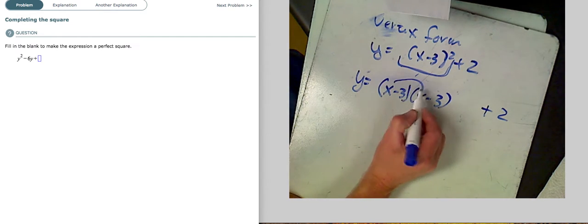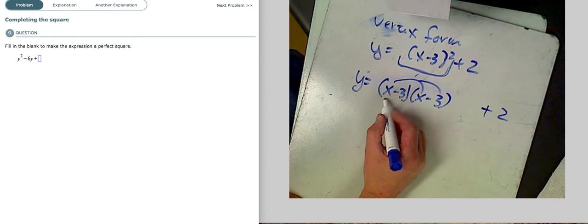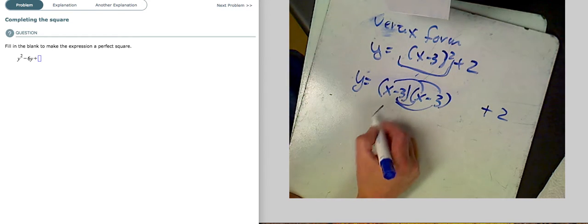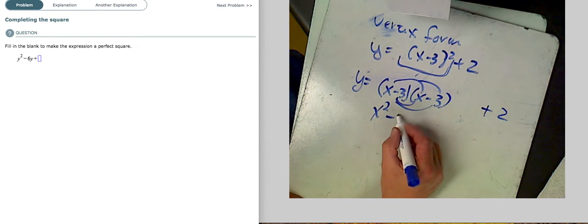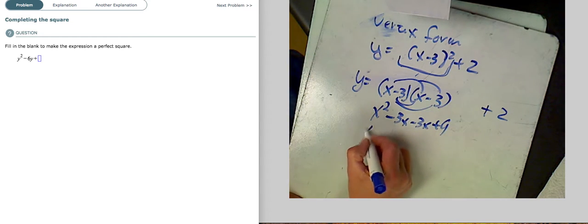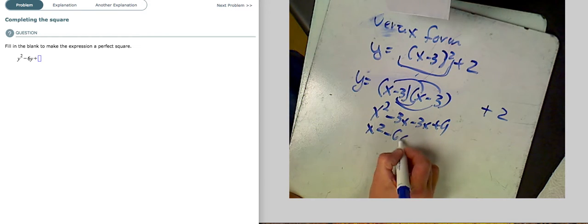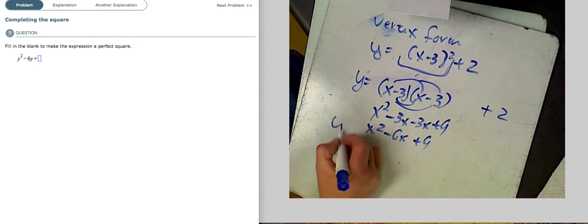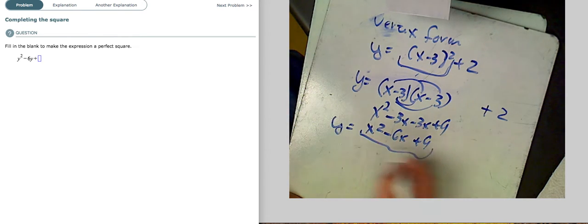Now, if I distributed this, expanded this out, I would get x squared minus 3x minus 3x plus 9, or x squared minus 6x plus 9. This is what's called a perfect square trinomial.